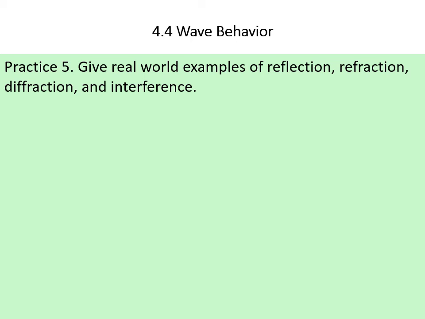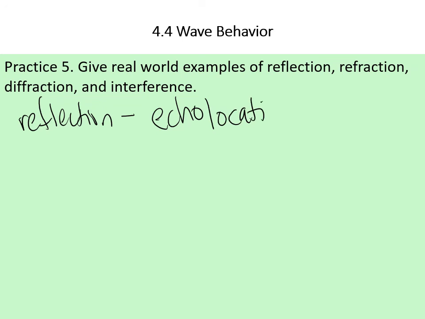So I'll give 4 total, and you'll give your own 4. So for reflection, I say echo or echolocation. Sound waves reflecting off of some surface and using that to locate the object.